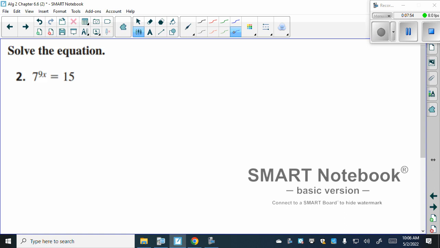So what would we need to do first to solve for the value of x? Yes, I'd apply log base 7 to both sides.